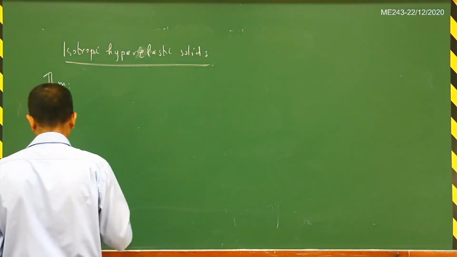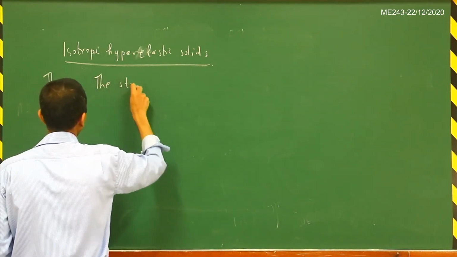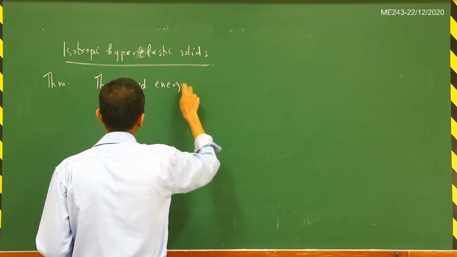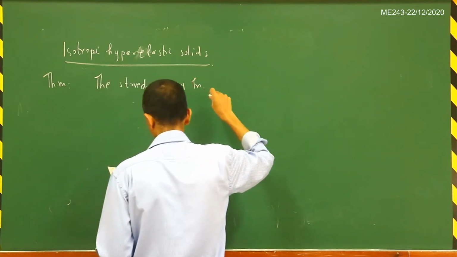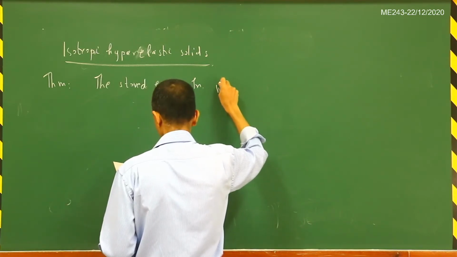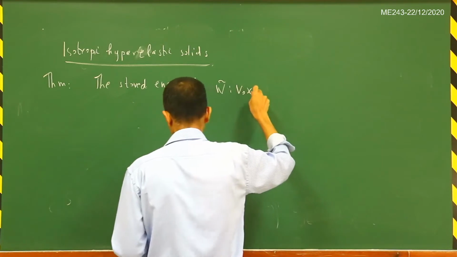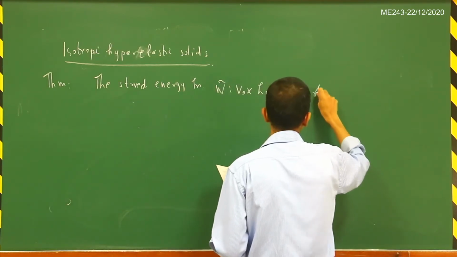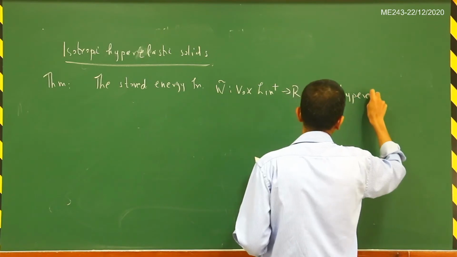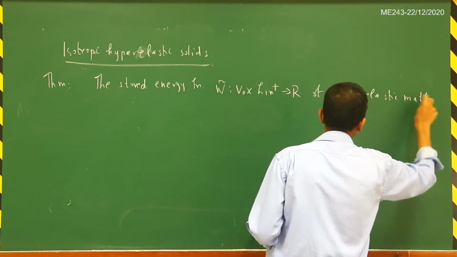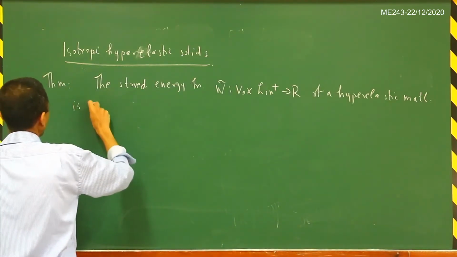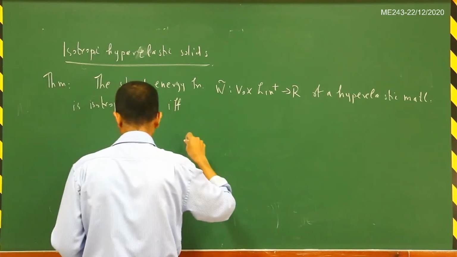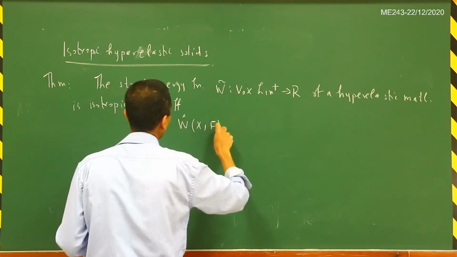So the stored energy function now, the stored energy function is isotropic, if I believe, now W hat of X comma F, so this should be W hat, right?